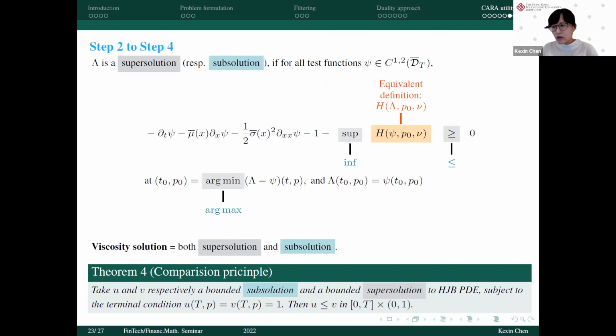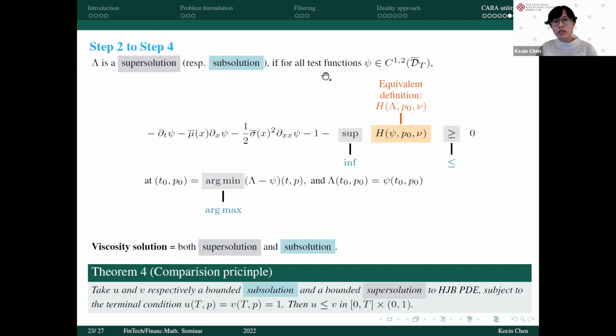And secondly, we verify that lambda is a viscosity solution to the HJB PIDE. By the classical definition, we say that it is a super-solution or a sub-solution if for all test functions psi that belong to C^{1,2} of its domain, the following equation is satisfied. The viscosity solution definition is trying to interpret the HJB PIDE in a weaker sense, because we do not know at once that lambda itself is smooth enough.